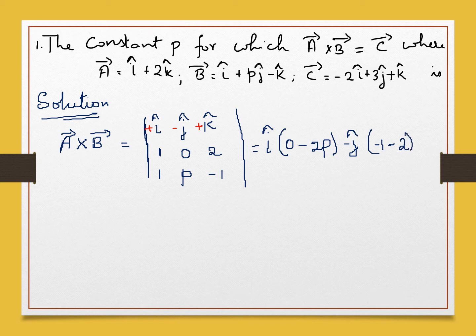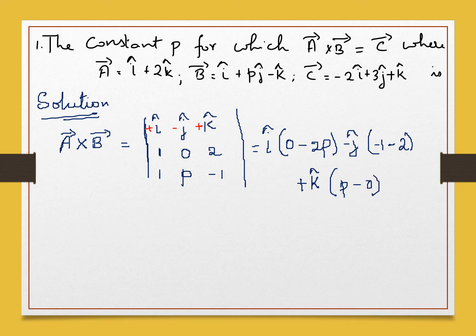Then again the third thing, that is k cap. Here we have to ignore the first row and the third column. The remaining terms should be cross multiplied. So 1 into p is p, minus 1 into 0 is 0.